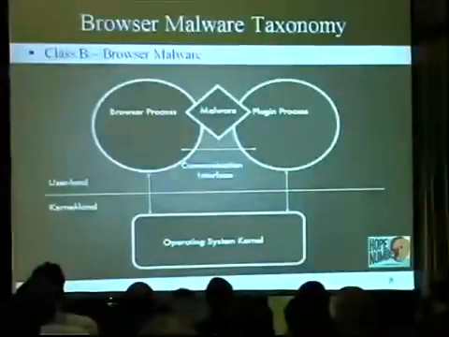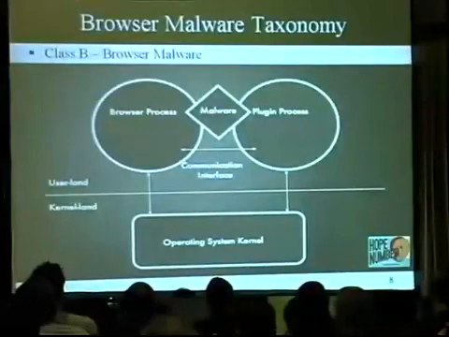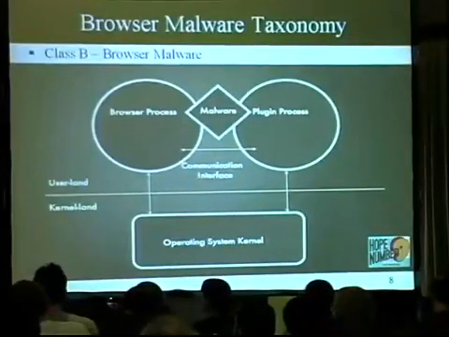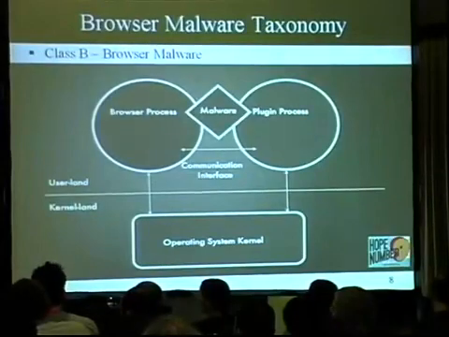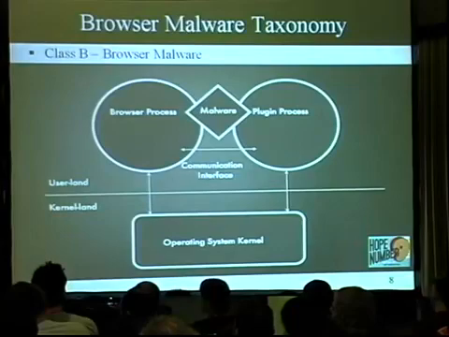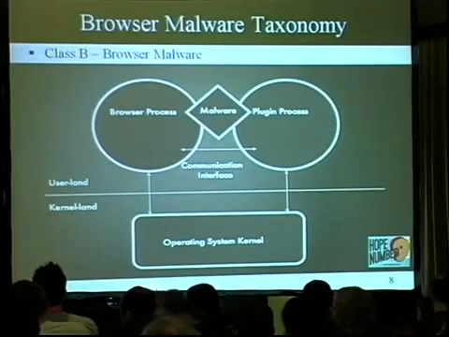Talking about class B, how does it actually work? The browser provides inherent functionality for collaborating with other software, for example, plugin frameworks such as Adobe Flash, Silverlight, and Java. In order to harness the power of the browser, they really need to get into this architecture.